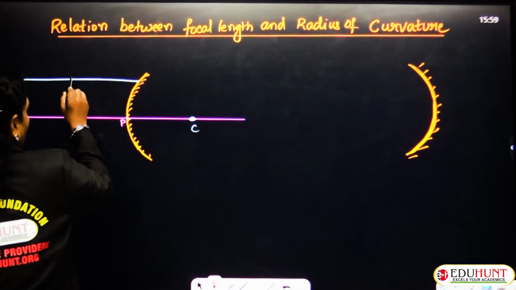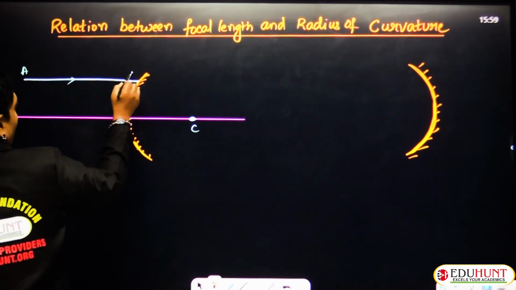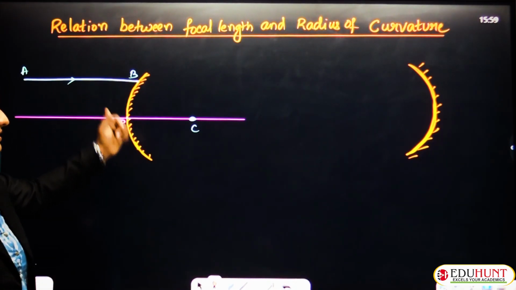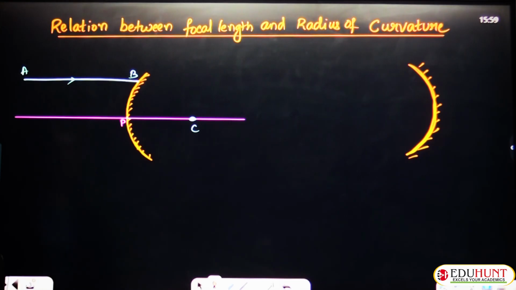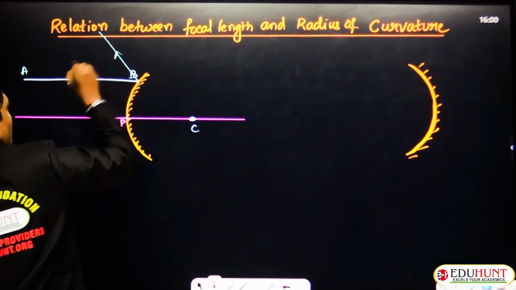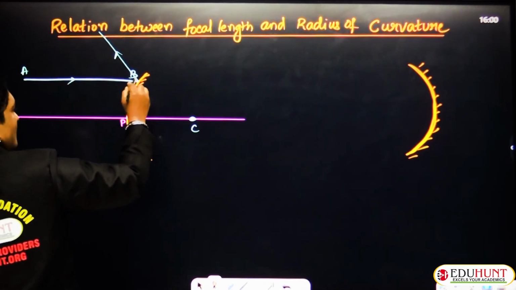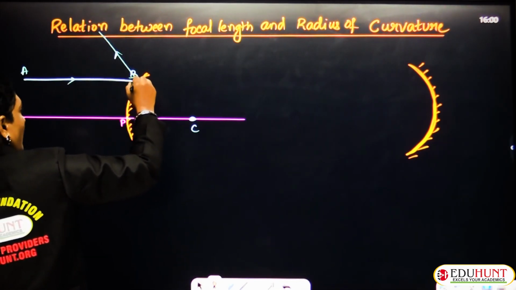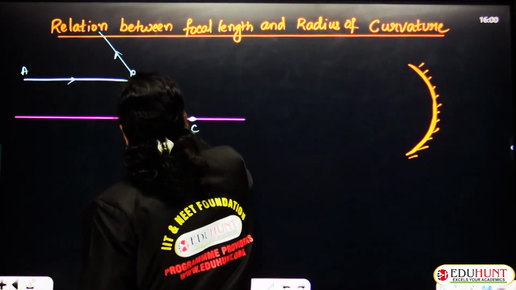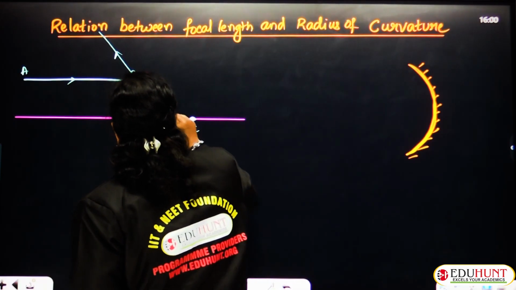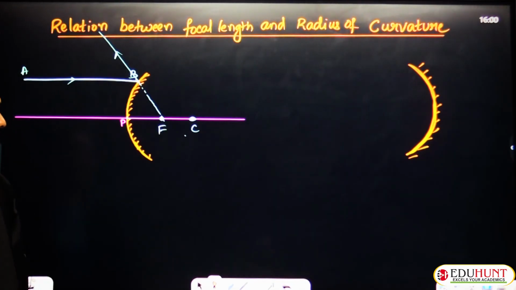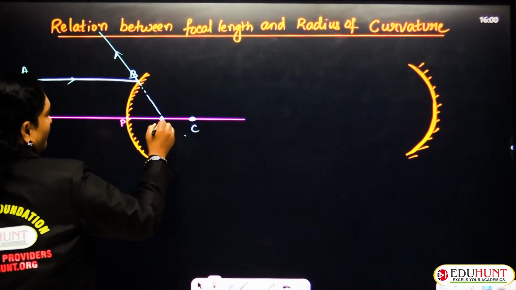All the parallel beam of light rays, say AB, after reflection from the curved surface will reflect back. If they are produced, they appear as if they are meeting at some point, and that point we generally name as F, where C is the center of curvature.